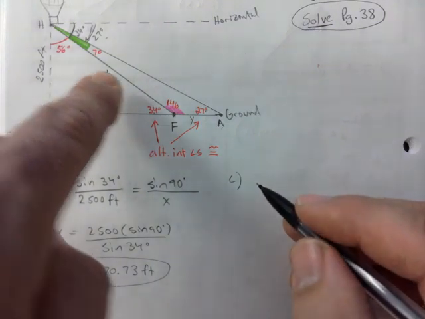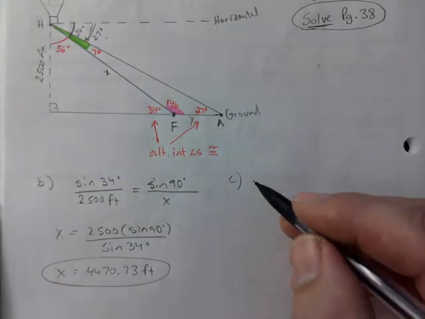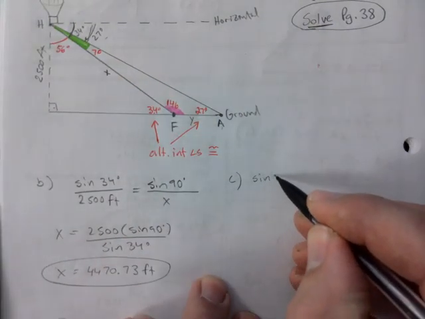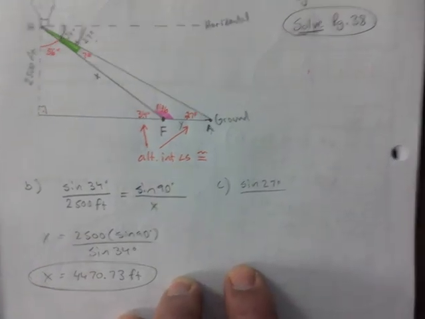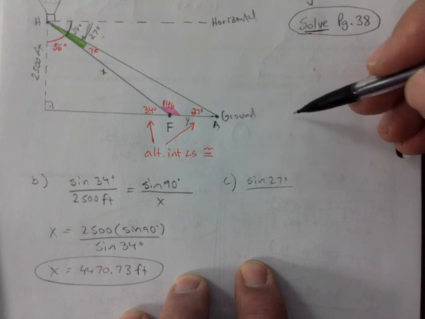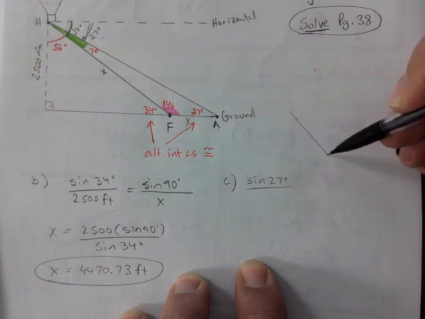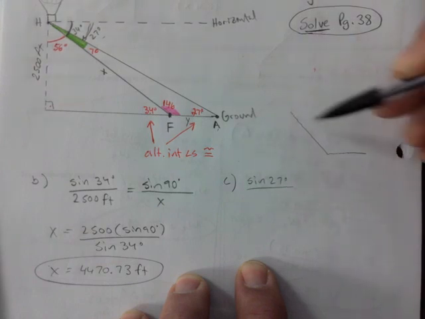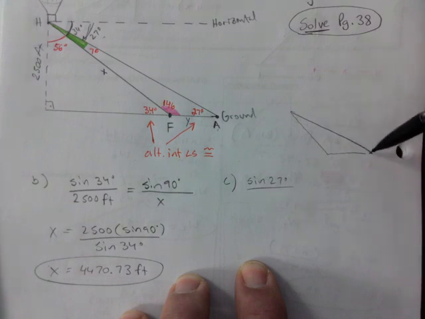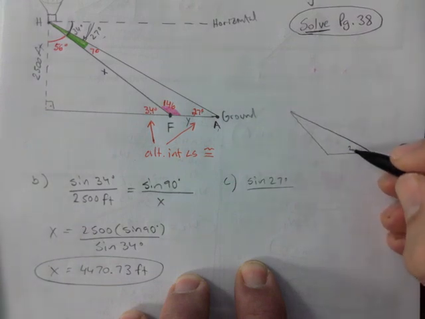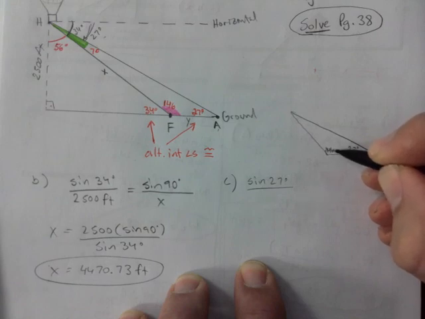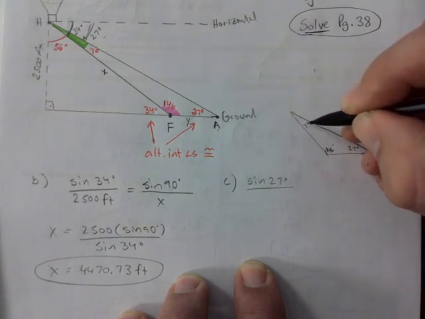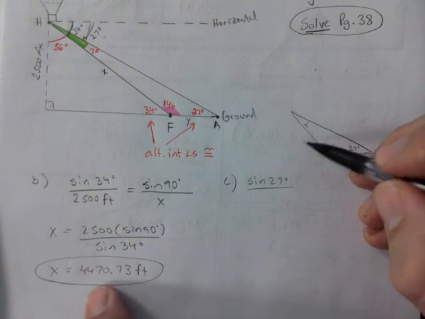It's hard. I wish I could zoom in or something. Sine of 27. Because I don't give you a ton of examples, I'm just going to do this. Right, 27 is here. The 146 is here. 7 is there. This is now 4,470.